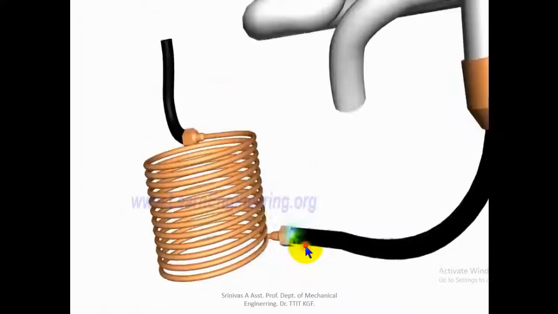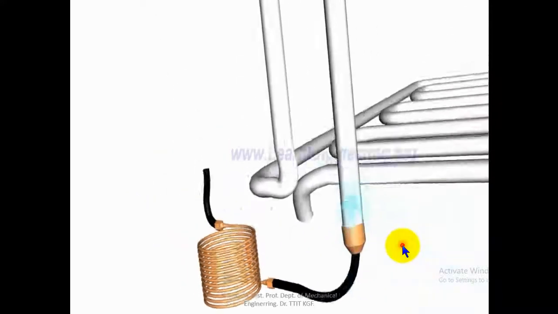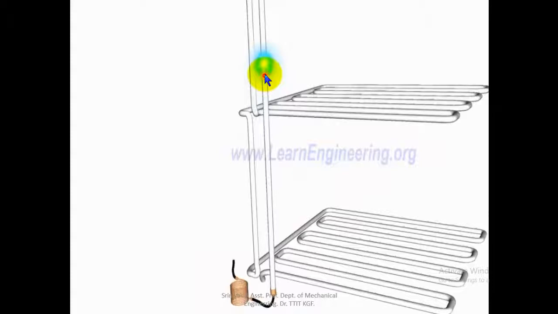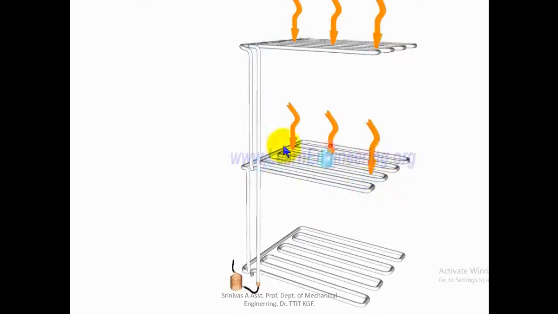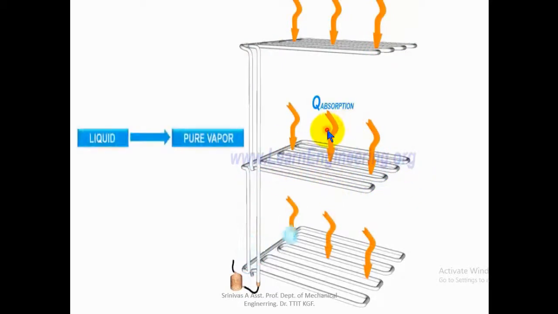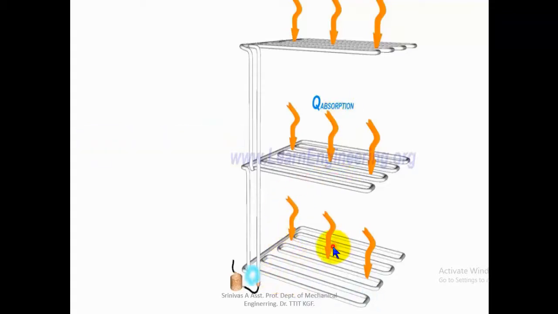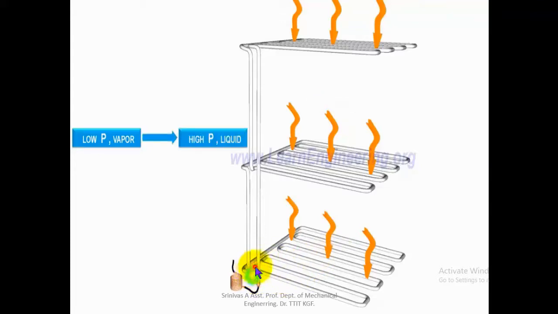After the expansion valve, the liquid refrigerant passes through the evaporator coil. There are a number of evaporator coils here. When passing through the evaporator coil or evaporator tube, it absorbs the latent heat present in the evaporator chamber, and at the end of the evaporator tube it will have absorbed all the heat and become a vapor, a low pressure vapor.